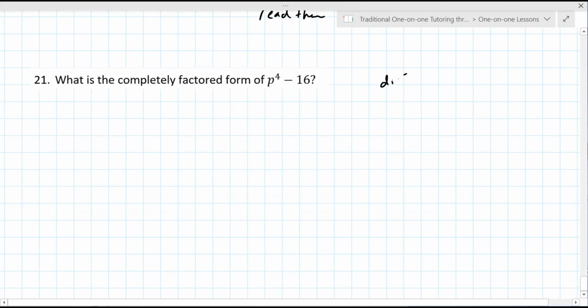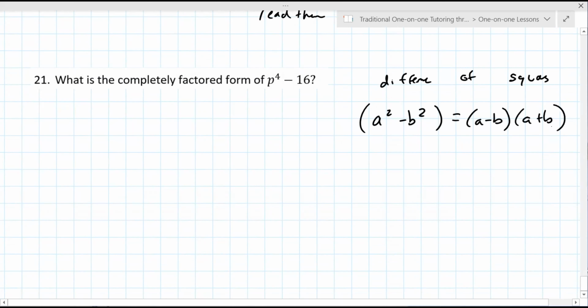This is, though, a difference of squares problem. Difference of squares is a squared minus b squared. And that factors into a minus b, a plus b. How do you use that here? Because there's a square, not a fourth. Well, p squared squared is p to the fourth. Do you agree with that? And then 4 squared is 16.